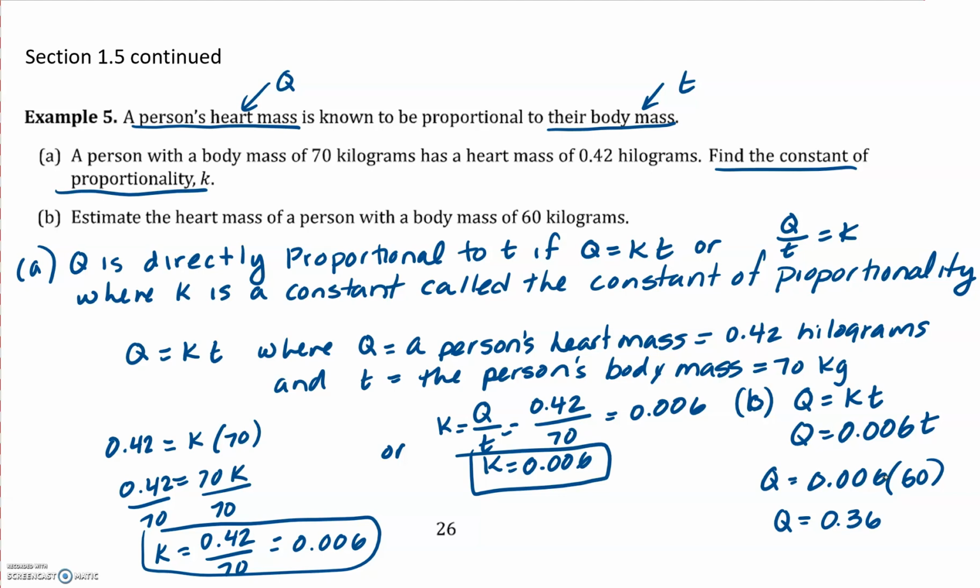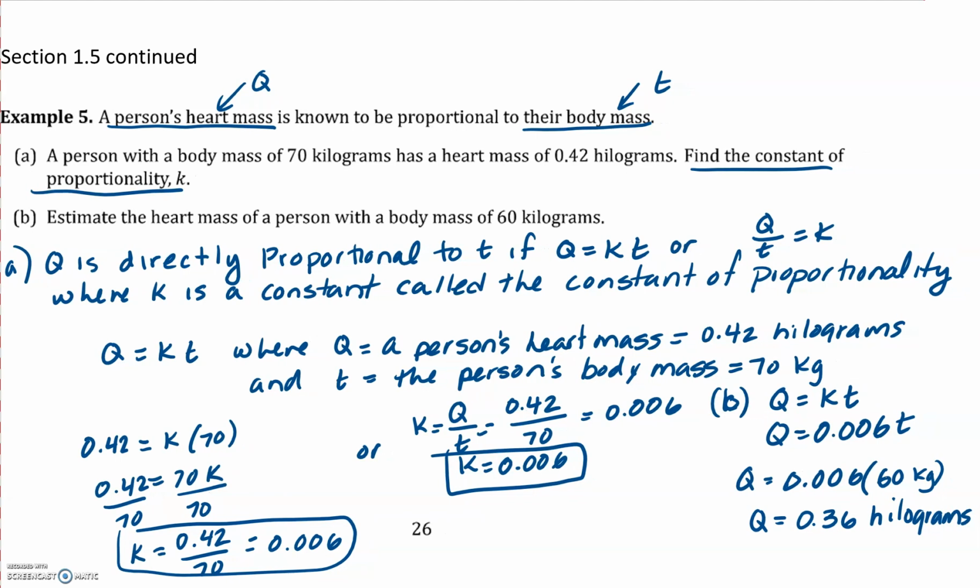By the way, this was the T, so it was in kilograms. And this 0.36, believe it or not, is going to be in kilograms. They have to be consistent. So that would be the answer to part B.